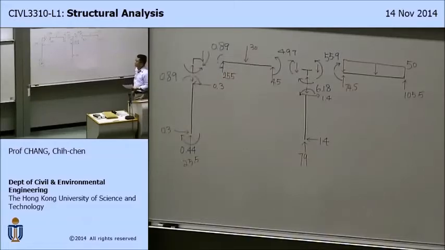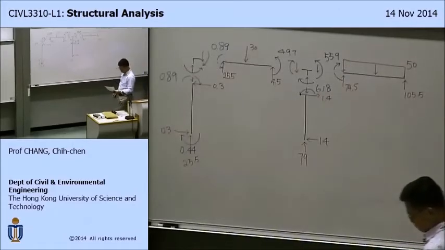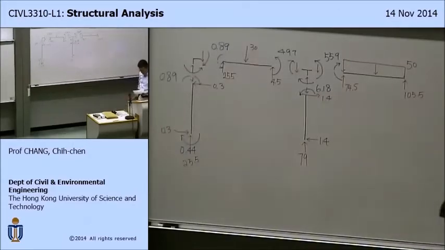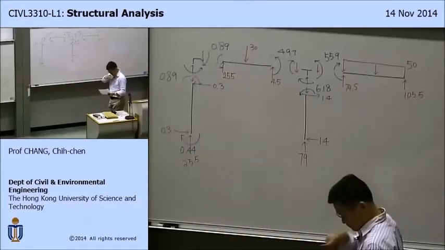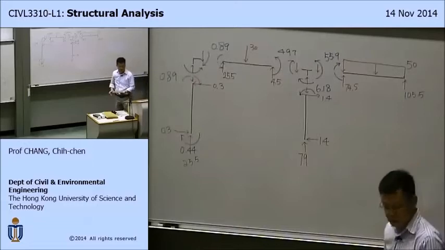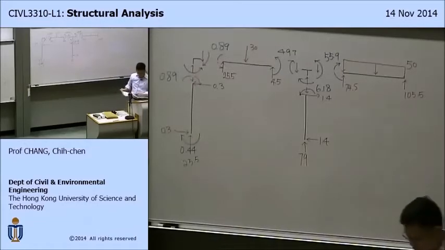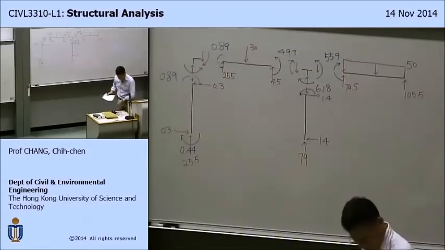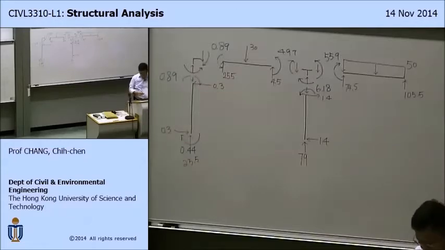Okay, so I think you should have enough information to plot shear force bending moment diagrams now. And you'll be asked to plot the moment at the tensile side. So this is just local equilibrium calculations. Okay.